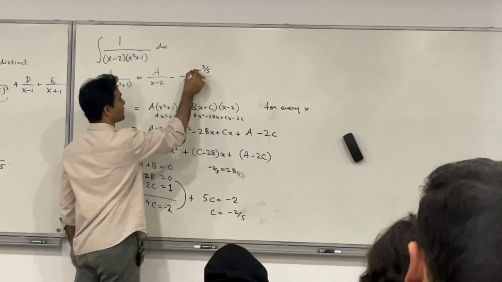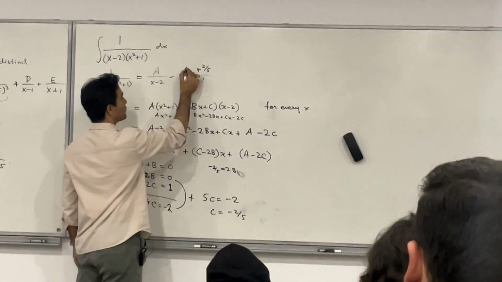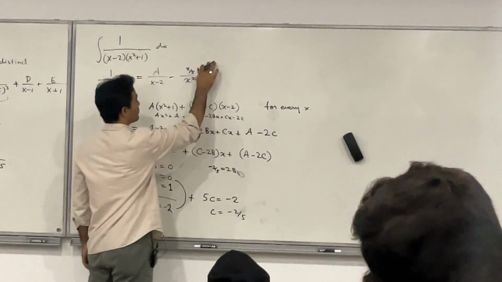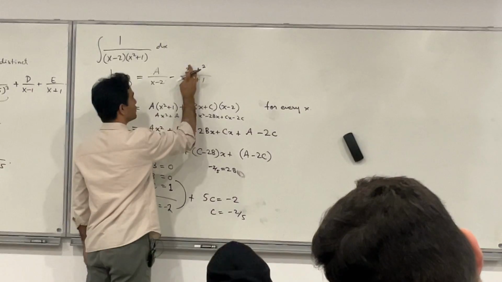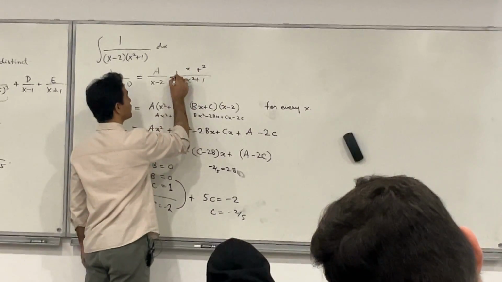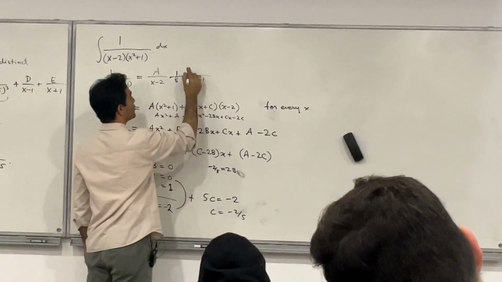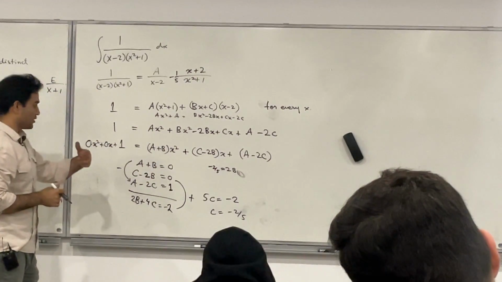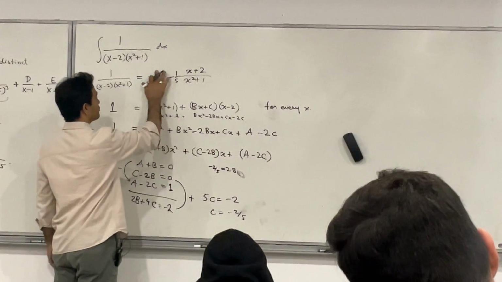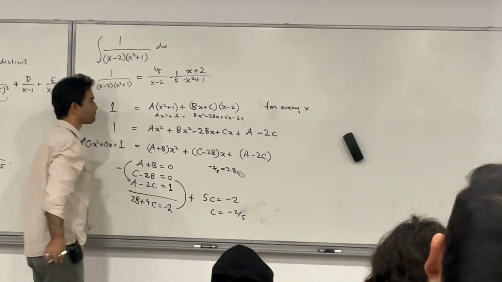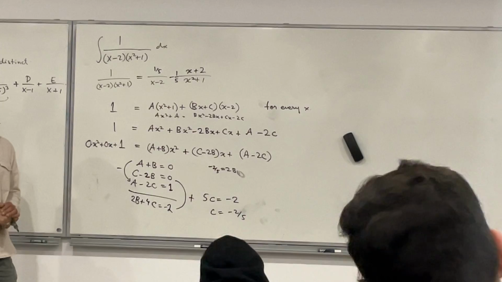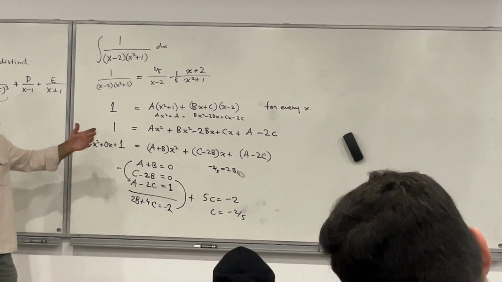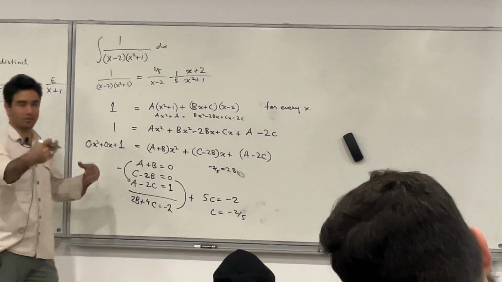Let's put a minus 1/5, just the x plus 2 here. And then a is the minus of that, so it's plus 1/5. Right? So that's how you figure out these constants. And this is like in real life. They come out rational. They don't come out nice, like 5 or 10.